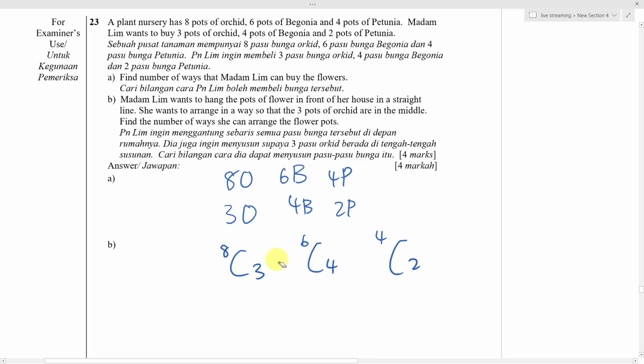Okay, this one very much depends. So right now, you need to think, how many flowers does Madam Lim need to buy? So if she needs to buy a total of 9 flowers, then you need to multiply them. What does plus mean over here? Plus means Madam Lim can buy 3 flowers, or she will buy 4 flowers, or she will only buy 2 flowers. It's an or. Okay, so it's multiplied in this case.